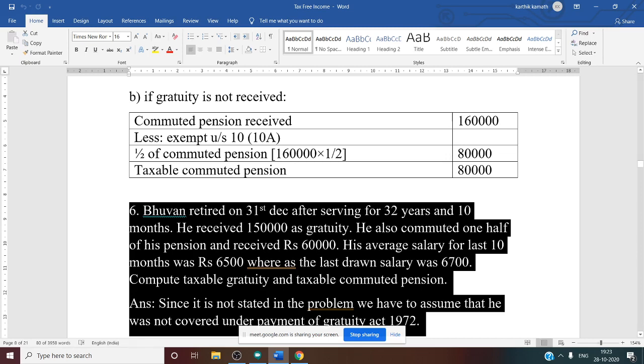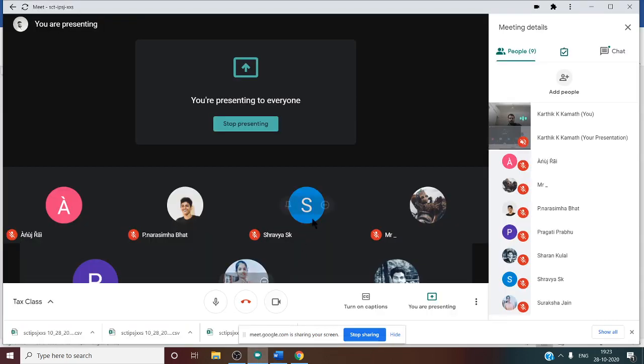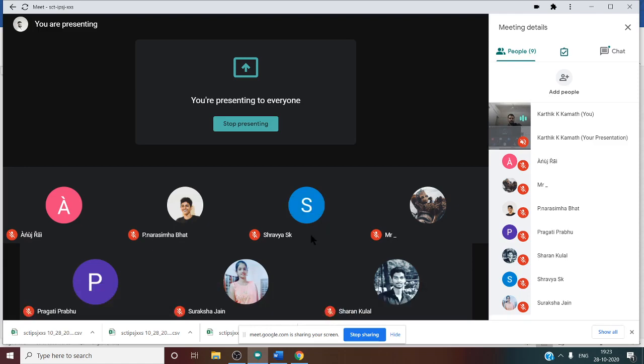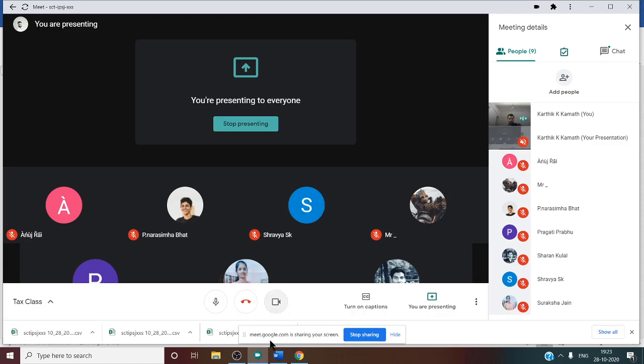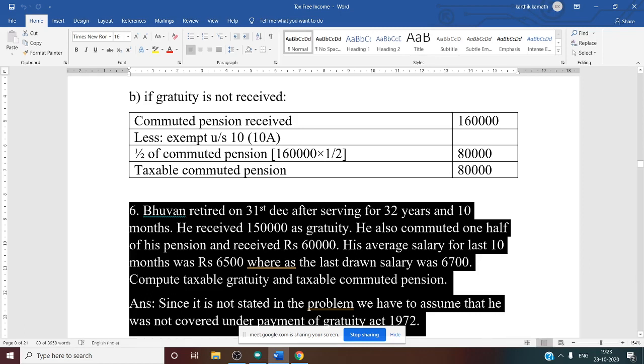Half of the pension commuted is 60,000. How to get the full value? Do the reciprocal. What is the reciprocal of 1/2? 2/1. So 60,000 into 2 gives the full value of the commuted pension, which is 1,20,000.